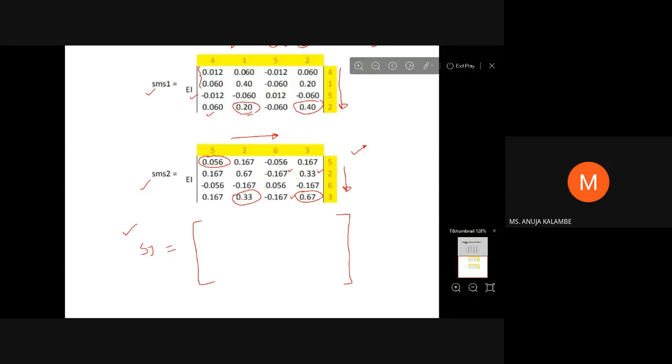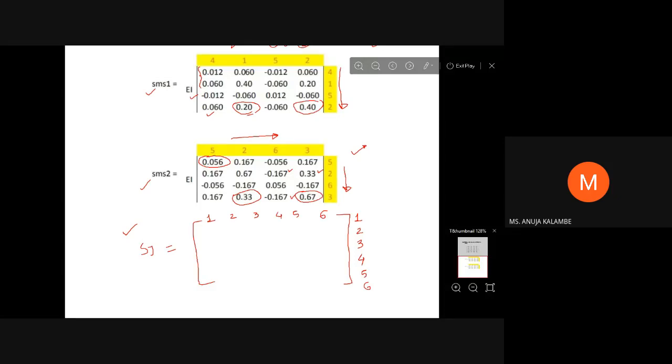In this case, we are giving the coding 1, 2, 3, 4, 5, 6 in the horizontal direction. The same we are giving in the vertical direction, 1, 2, 3, 4, 5, 6. Now how to assemble it? How do we do it first?